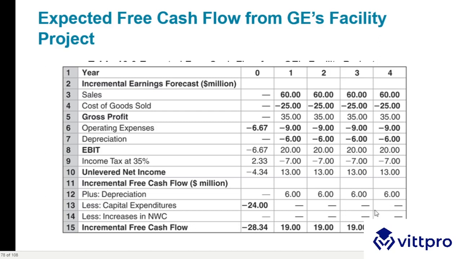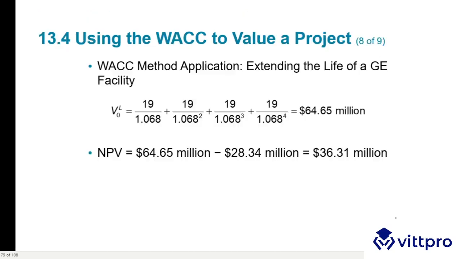They get the cash flow of minus 28 million, then plus 19, plus 19, plus 19, and plus 19. It's a fixed $19 million income over the next 4 years. Since their WACC was 6.8%, you can calculate the NPV, the present value of the project of extending 4 years. That is 64 million minus 28, so $36 million will be added to the value of the GE facility.